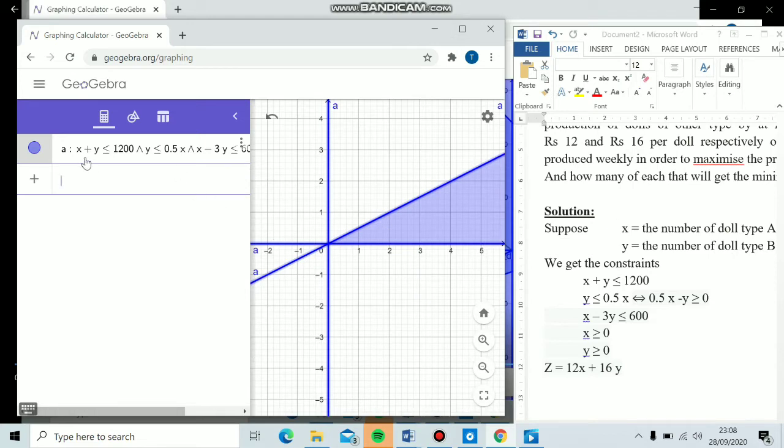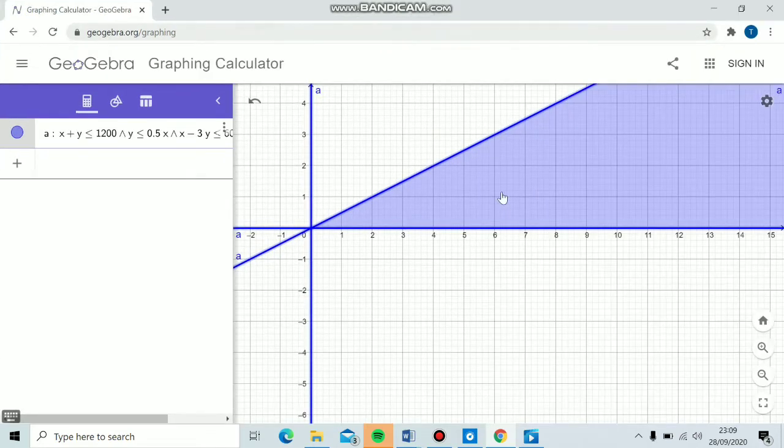All the constraints that we have, write in Geogebra, so the result is like this.